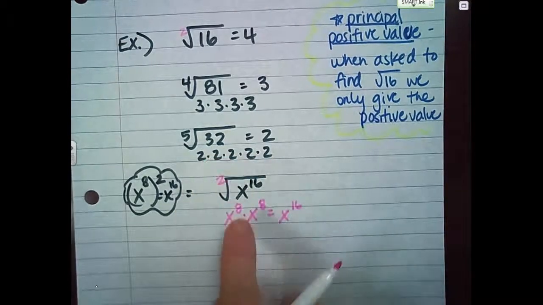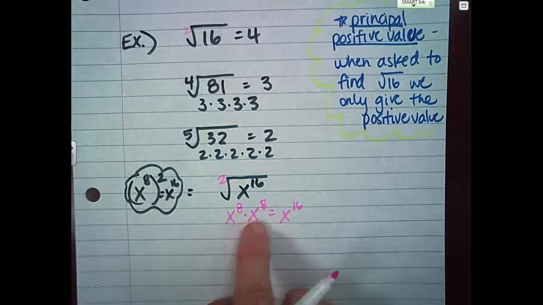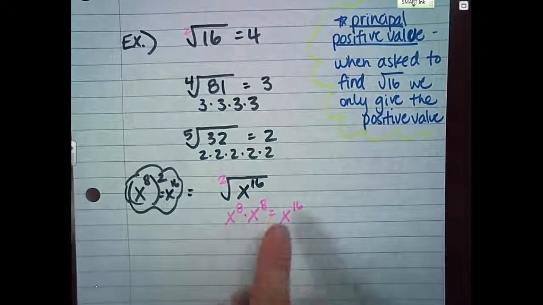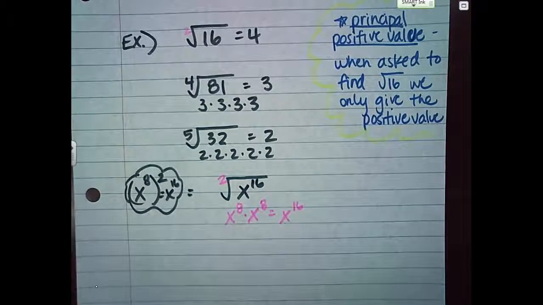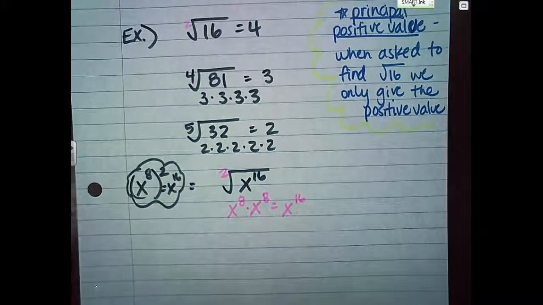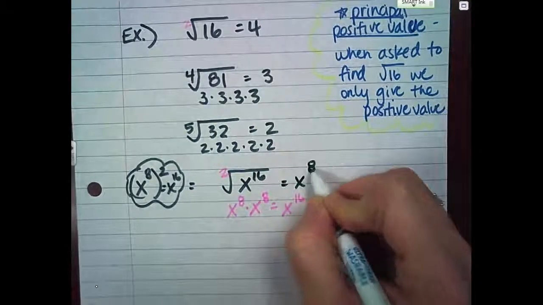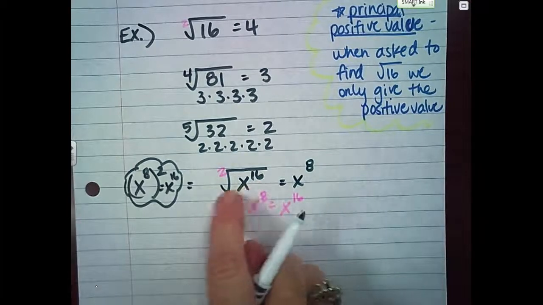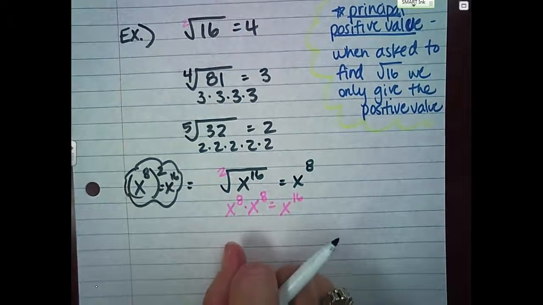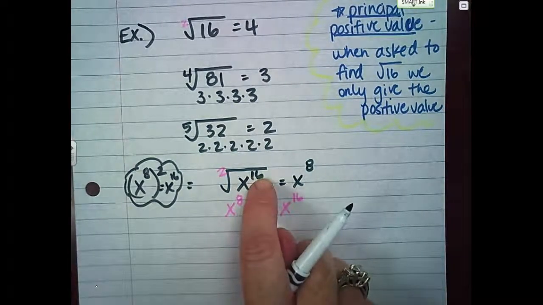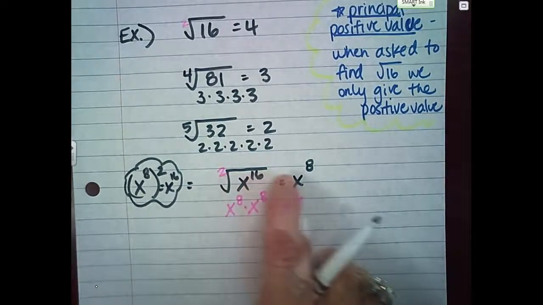What 2 numbers multiply together? Now, what is a shortcut way so you don't actually have to think about it? The answer is x to the 8. Do y'all see a little trick I could have used? Good. Divide. 16 divided by 2 would have given me 8.